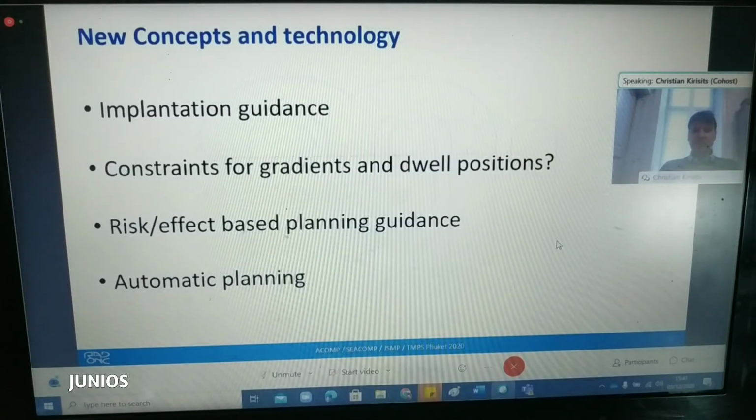So at the end, I think new concepts and techniques are coming up. Implantation guidance with ultrasound is quite important, because many centers have problems to needle.